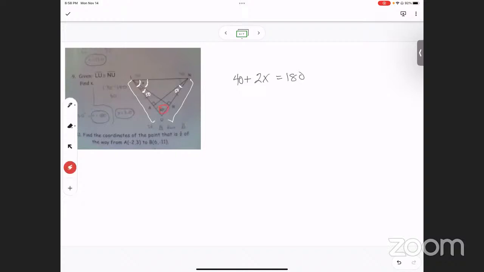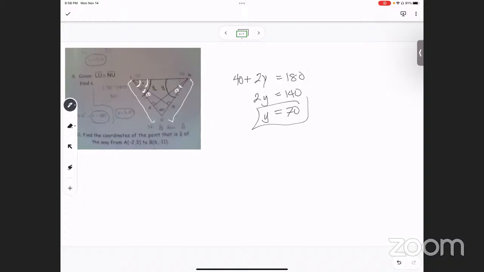So 40 and whatever this one is and this one, which are the same, because it's an isosceles triangle. I shouldn't call it x because x is something else. Let's call it y. This big angle here is y, and so is this big angle. So 2y equals 140, which means y equals 70.